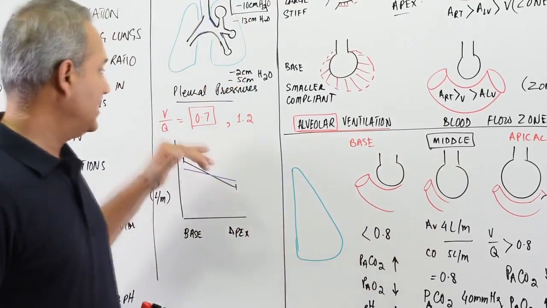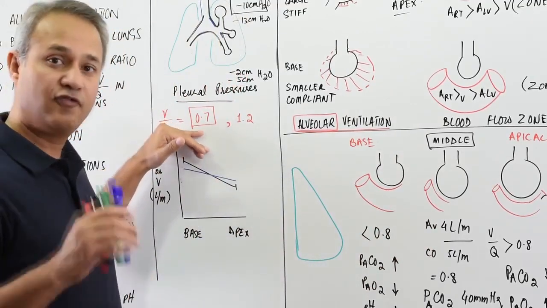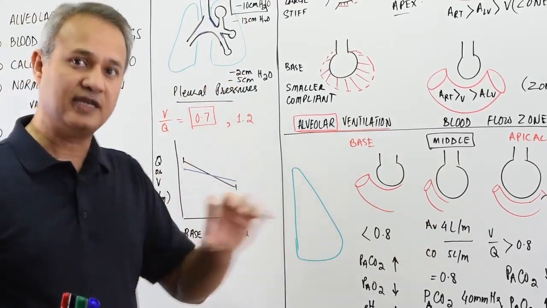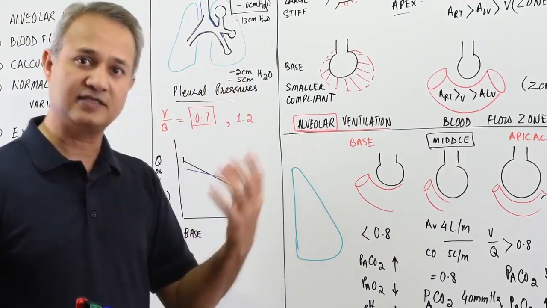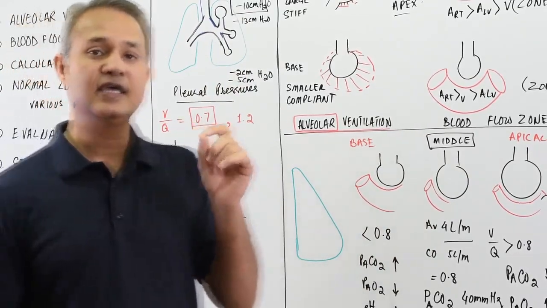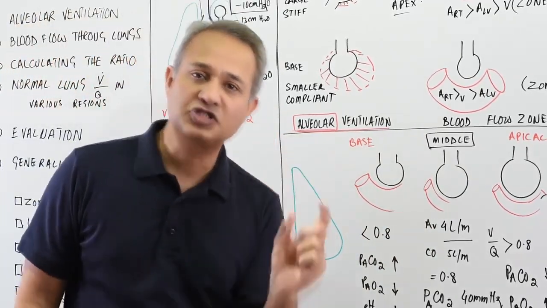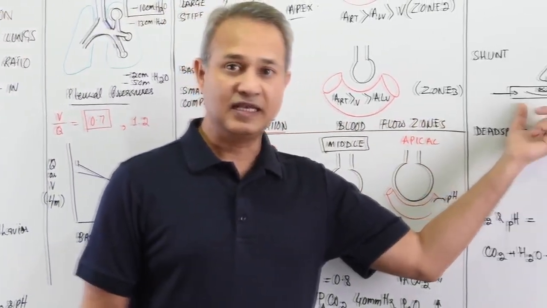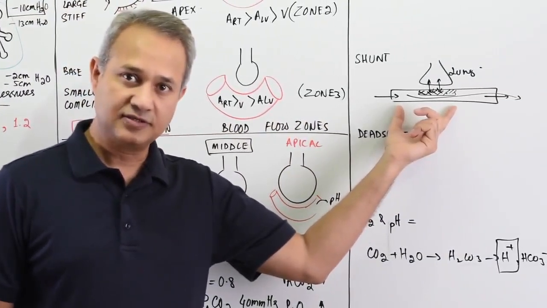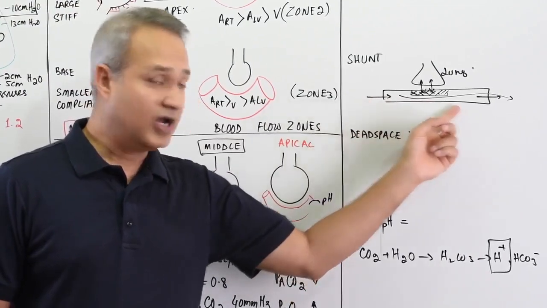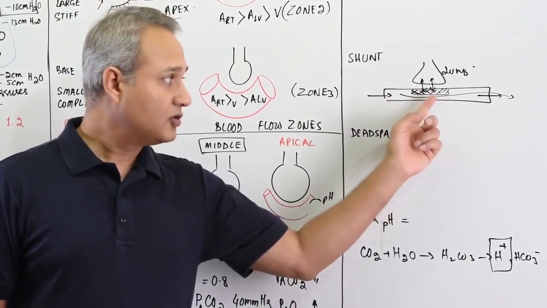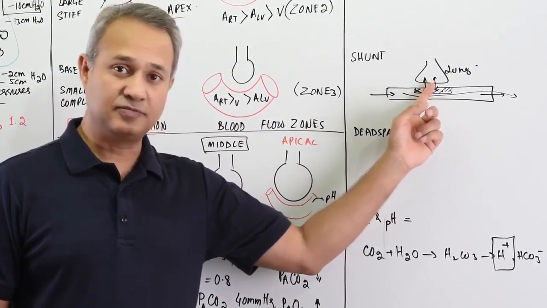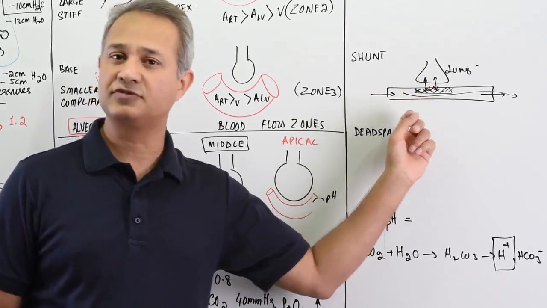But when the obstruction is not full and there is some blood still flowing and some air still coming in, then we'll say there is a component of shunt present. As I had discussed here, there are fewer gases present, more blood is present, so there is less surface area to exchange the blood gases, so there is a component of shunt.